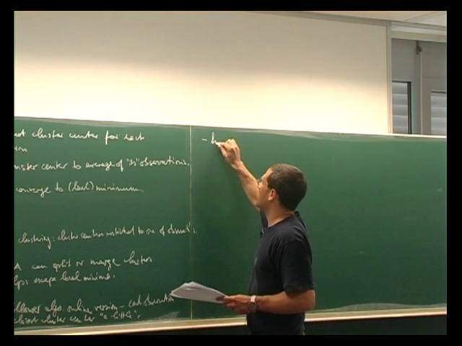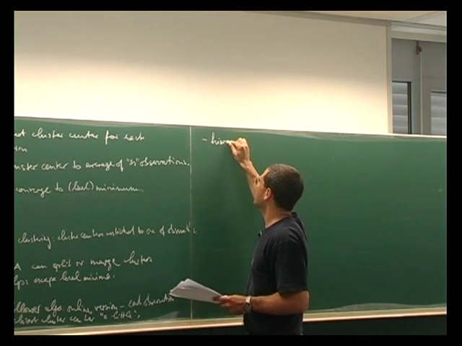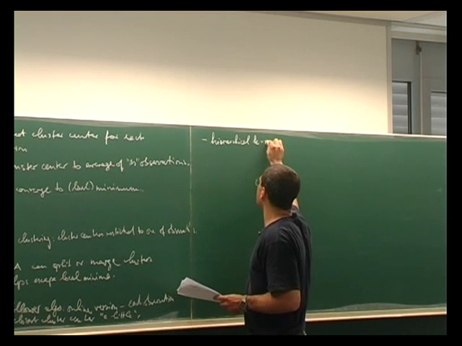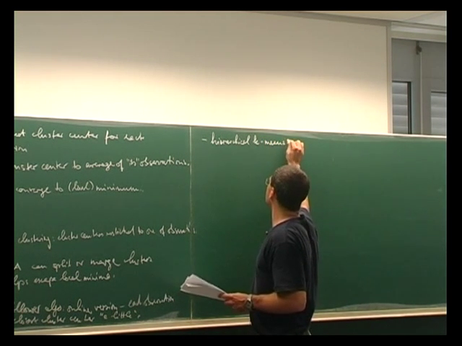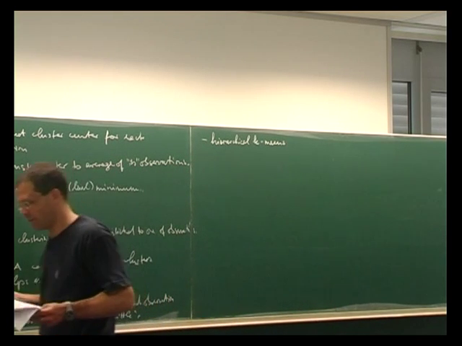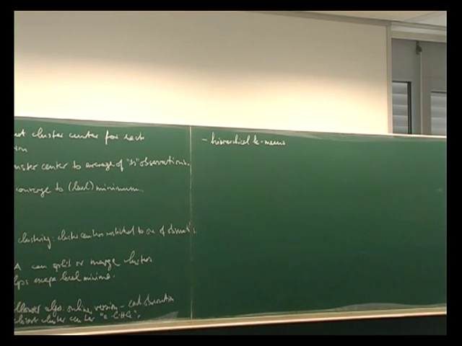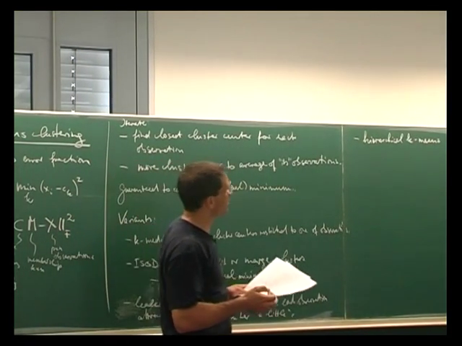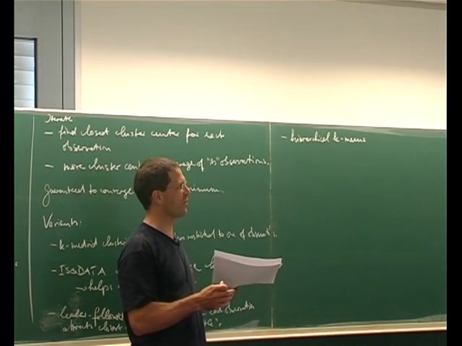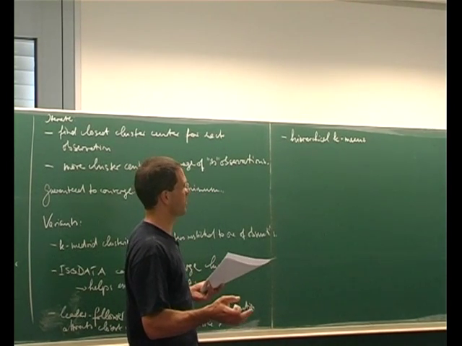And then the algorithm can be used hierarchically. Where you start with a given number of cluster centers and do K-means clustering, and then use a predefined branching factor. So for instance, you can then replace each cluster center by, let's say, 5 new cluster centers.